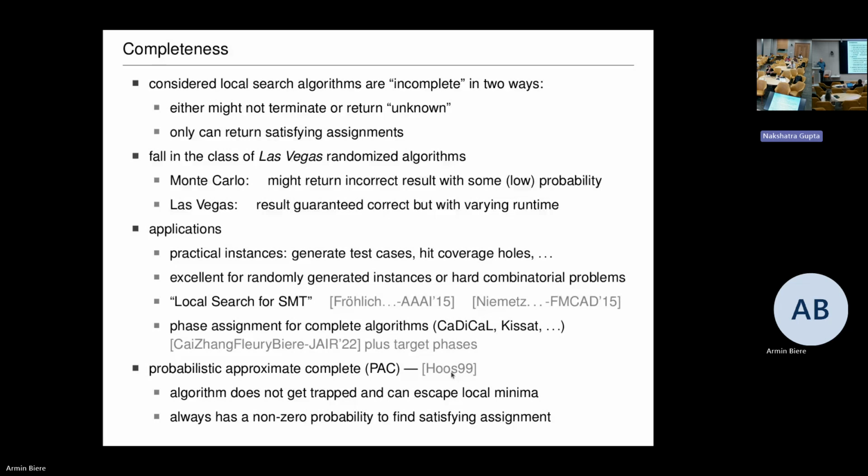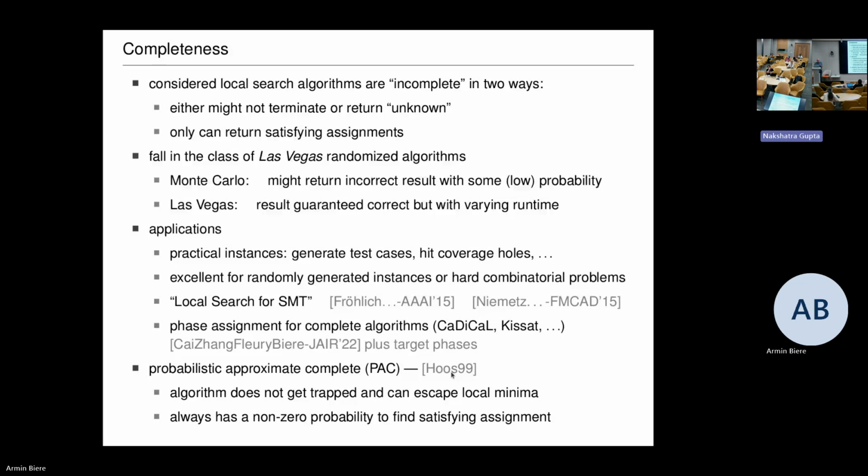This was a challenge from a list of 10 challenges by, I think, Bart Selman and somebody else, and Toby Walsh in 2000, the 10 big challenges for SAT, and one of them was merging local search and CDCL.